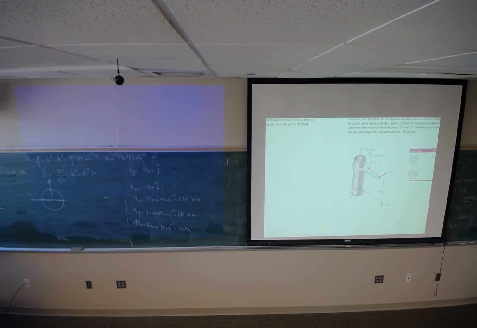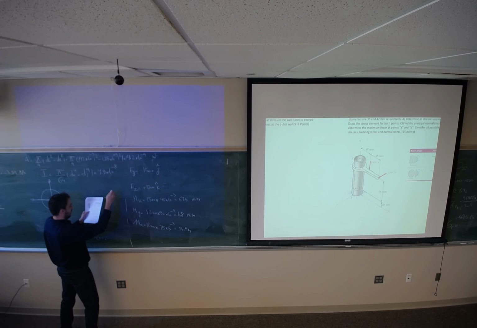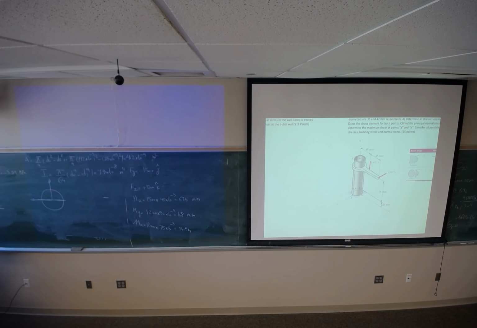You need to calculate this, which is 7.9 10 power negative 8. Ninety times outer diameter is 42 divided by 2 is gonna be 21, giving 23.38 megapascal.